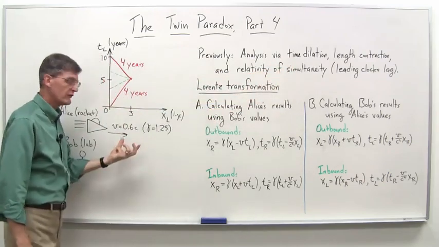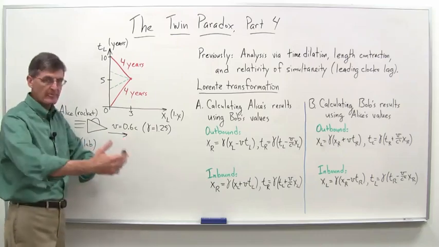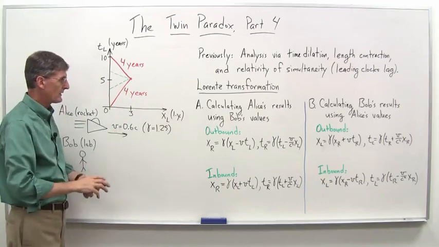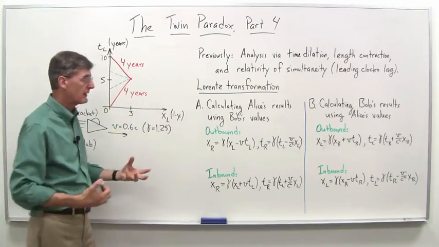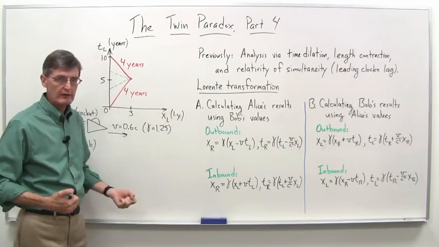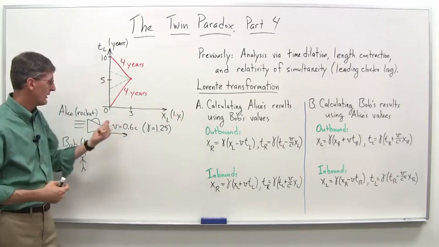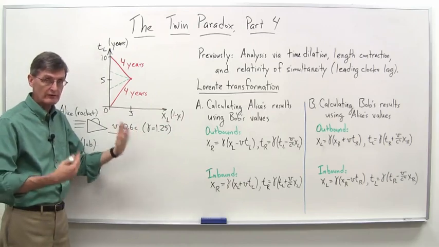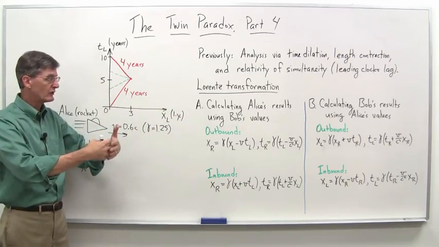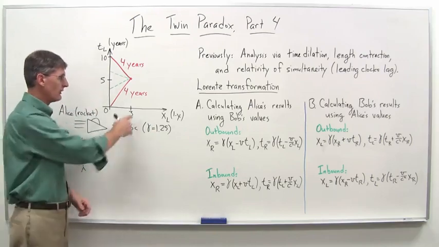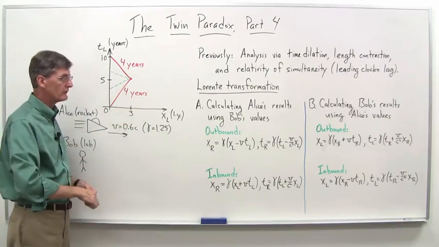We did Alice's analysis where she sees Bob essentially going away and the star coming toward her and then back again. And for that, it was a little more complicated. We had to use not only time dilation but length contraction, because she sees the distance to the star not as 3 light years as Bob does, but a contracted distance. So we had to take that into account. And once we did that, we got the correct number of years ticking off on her clock, 4 years.